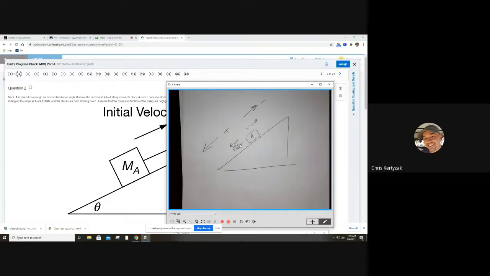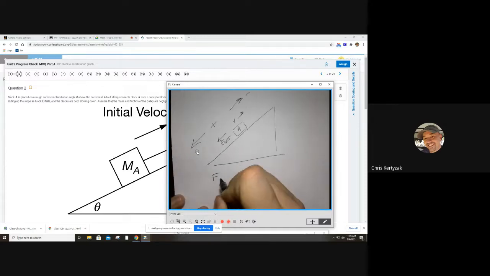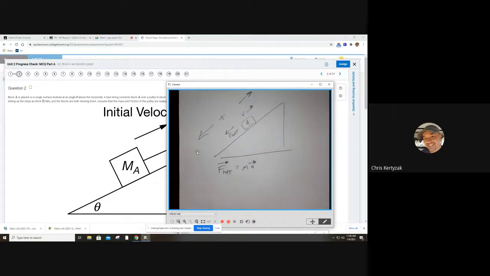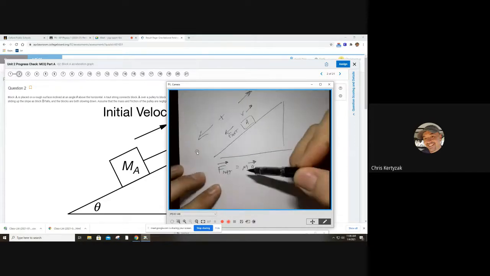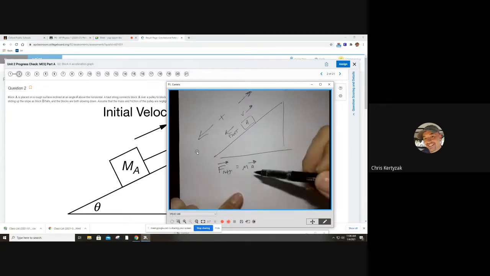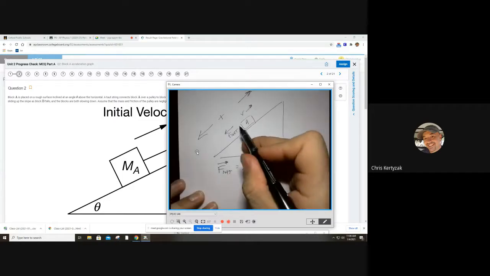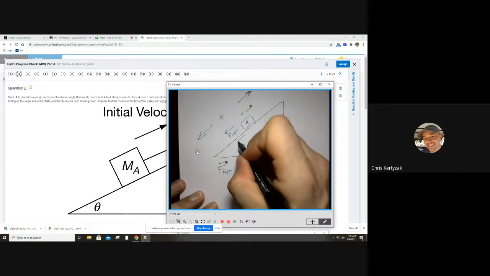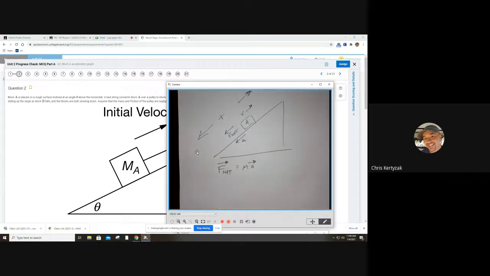By Newton's law, F net equals ma, the net force on block A is equal to block A's mass times the acceleration of block A. The net force and the acceleration vectors are always in the same direction. So if we already identified that the net force is down, then the acceleration for block A must also be down.